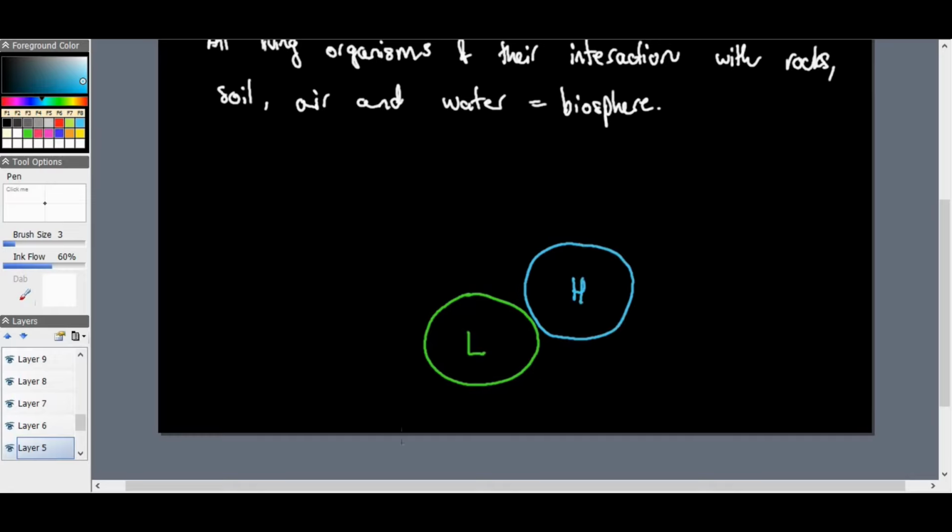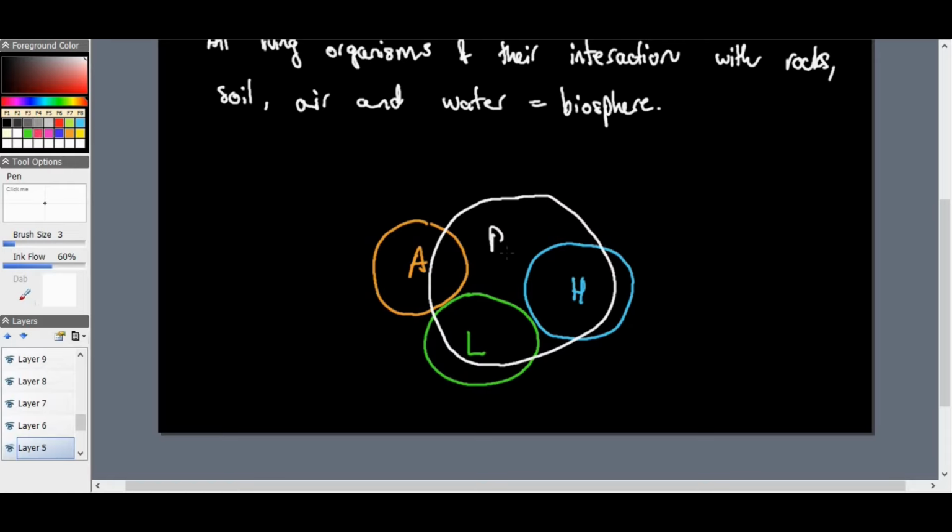The hydrosphere is your H. And then we've got, of course, the atmosphere, A. But in all of them, we have the biosphere.